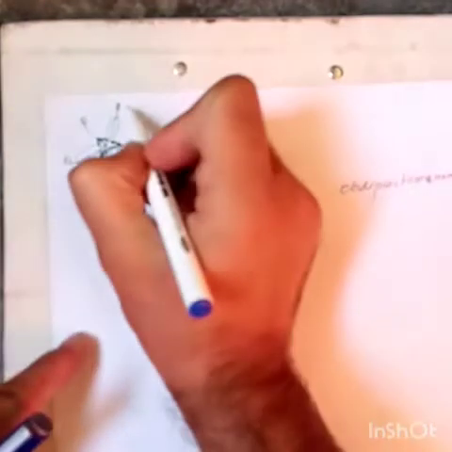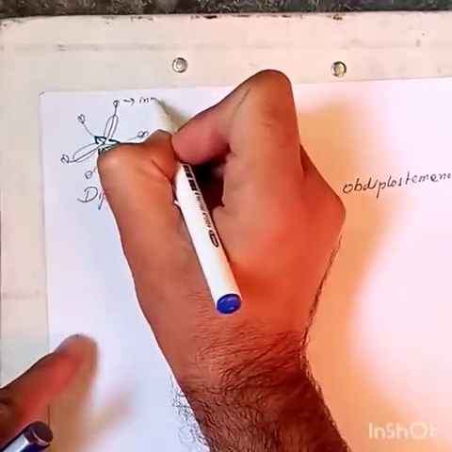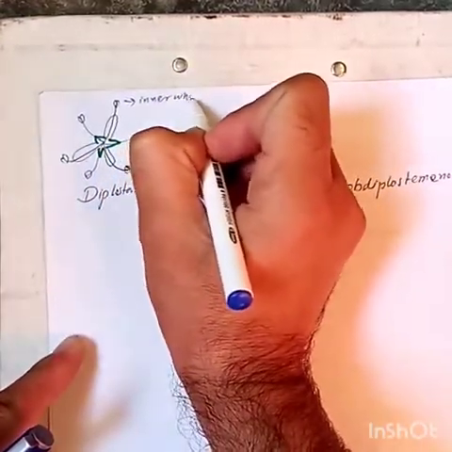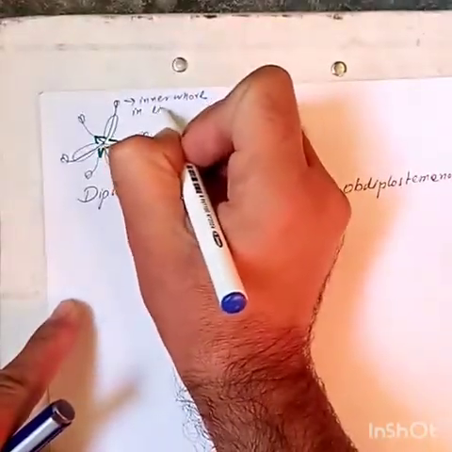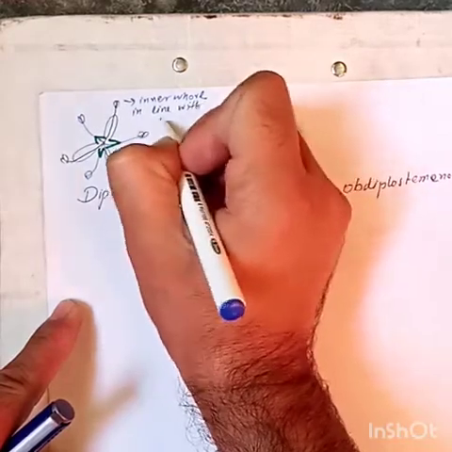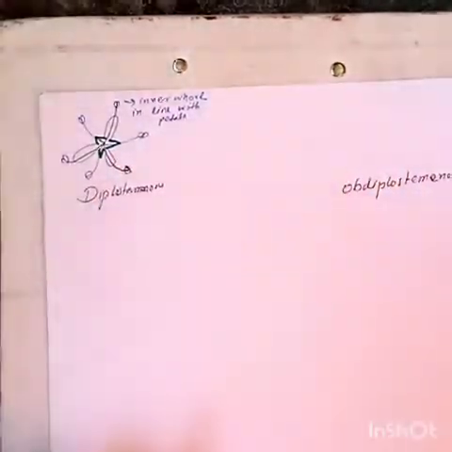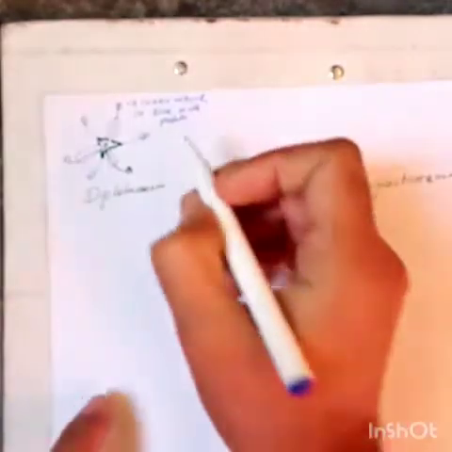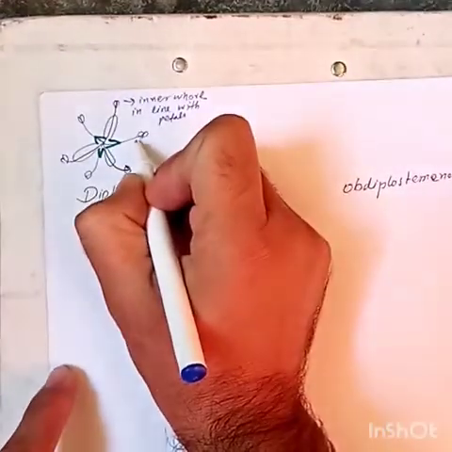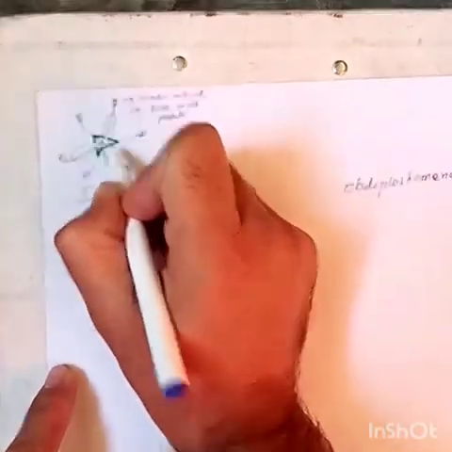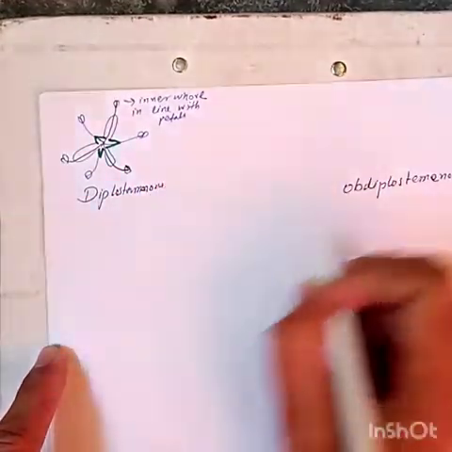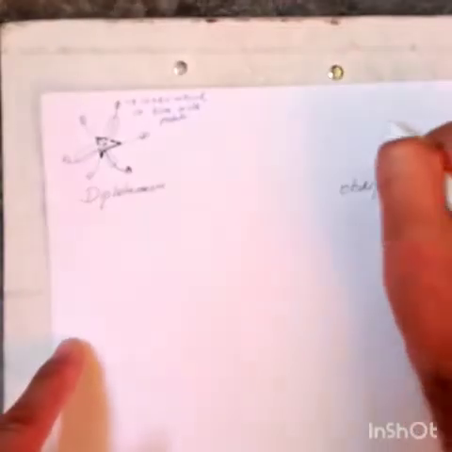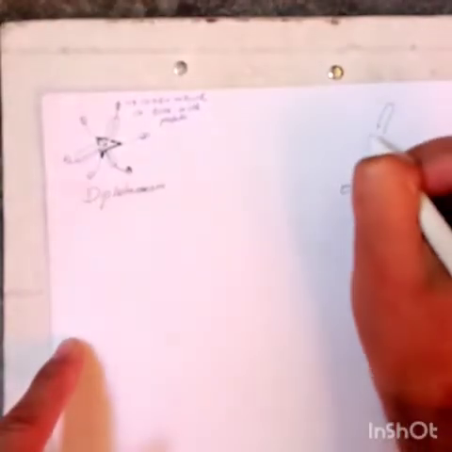Now in diplostemonous, the inner whorl will be in line with the petals, while the outer whorl will be in line with the sepals. Such stamen position is known as diplostemonous.